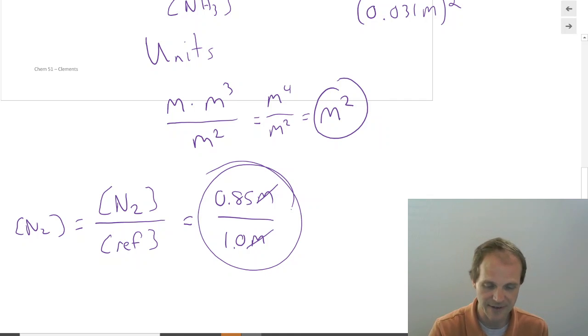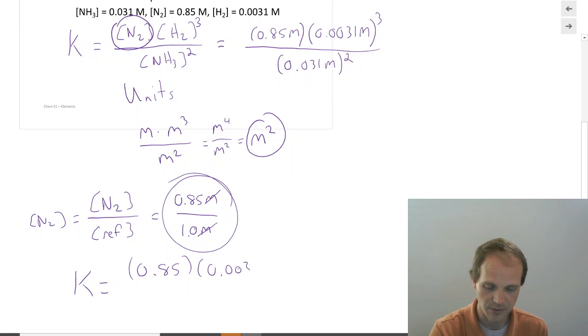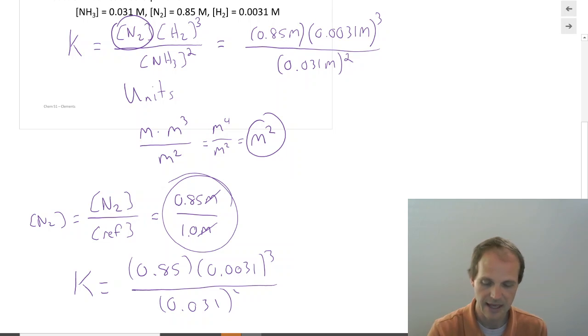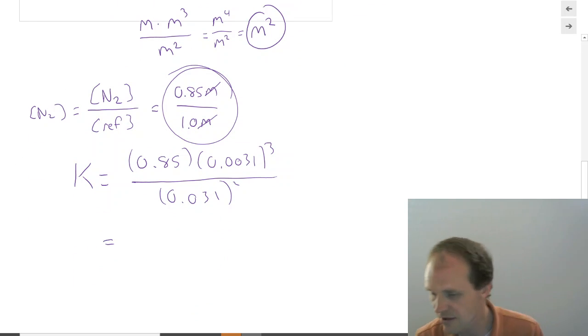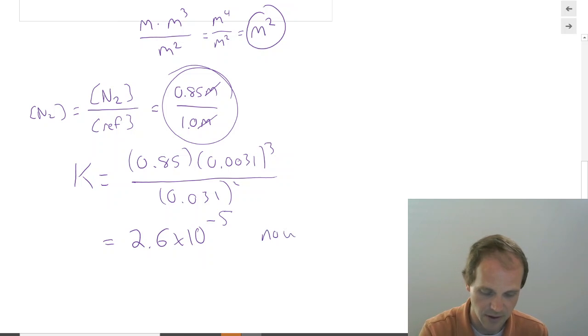So what do we actually get for K is not this funny thing with all sorts of units on it, but we get that K is 0.85 times 0.0031 cubed divided by 0.031 squared. K has no units. You just plug that into your calculator, and you should get 2.6 times 10 to the minus fifth. No units.